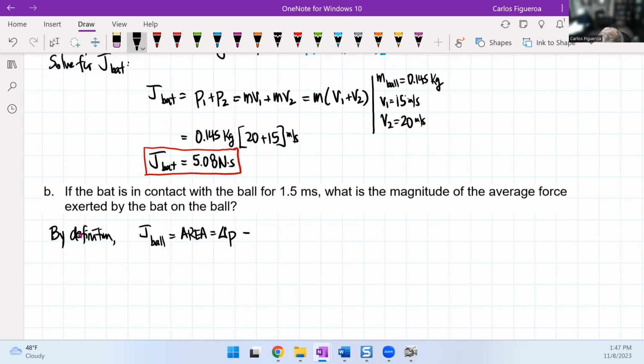But this area is also, by the mean value theorem, the time average value of the force times the time. So now I can go solve for the average force.